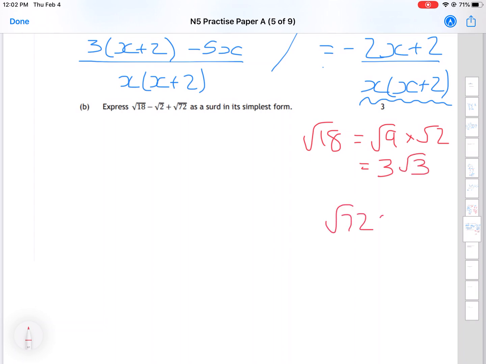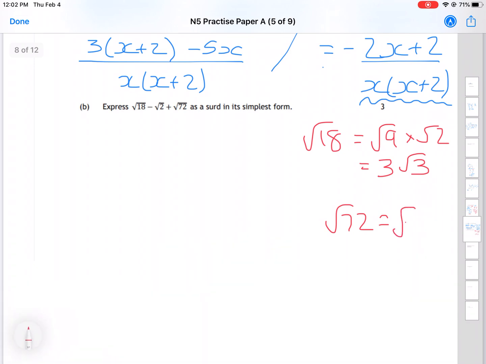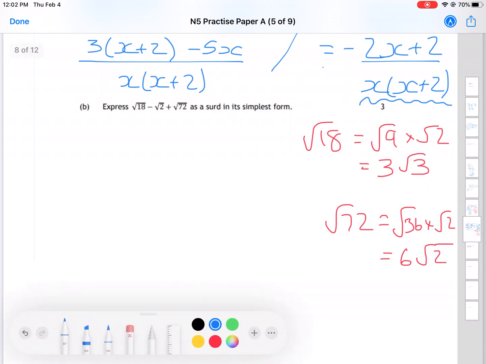Root 72 can be simplified to root 36 times root 2. Now, if you use any other combination of a square number and something else, you'll be able to simplify it a lot further to get 6 root 2. So the simplest it can be is 6 root 2.